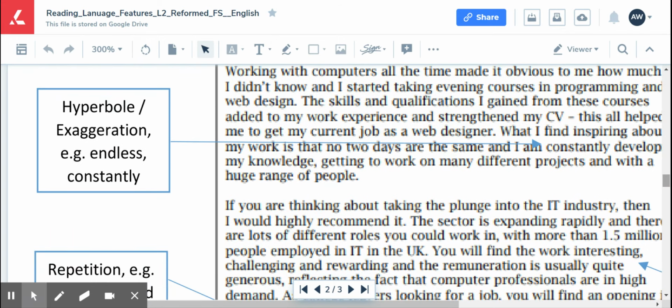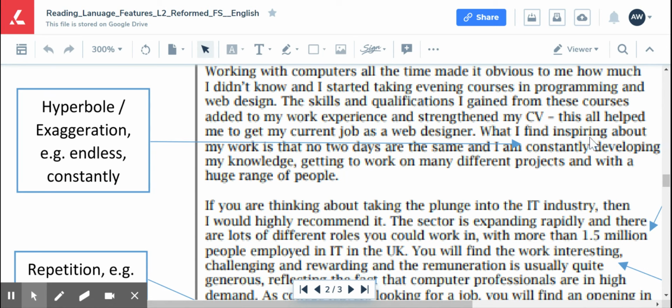We have another example further down, this time hyperbole or exaggerated language. Hyperbole is just another name for exaggerated language, and this example will illustrate it for us. What I find inspiring about my work is that no 2 days are the same, and I'm constantly developing my knowledge.